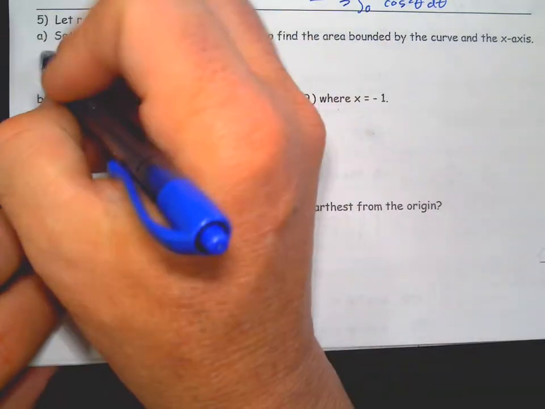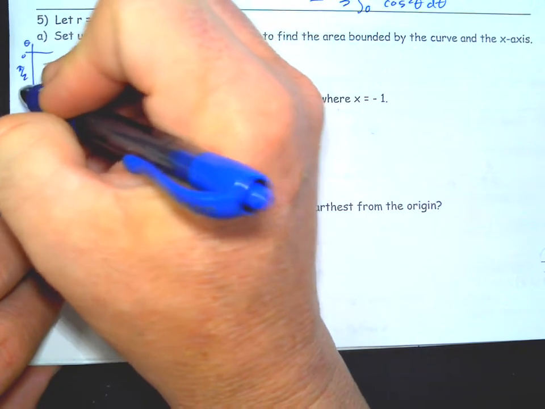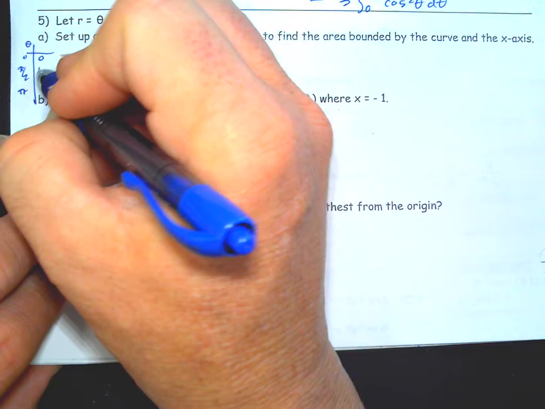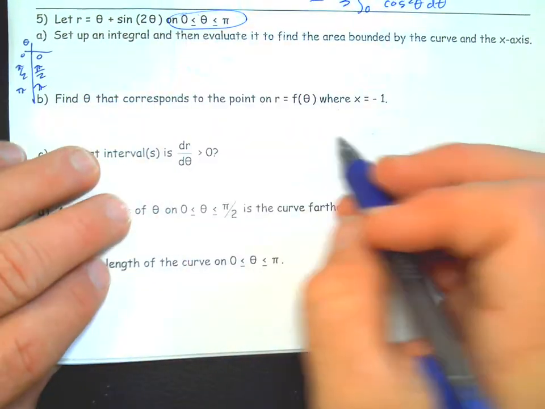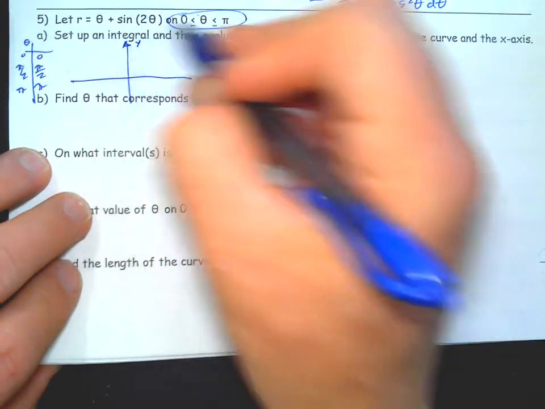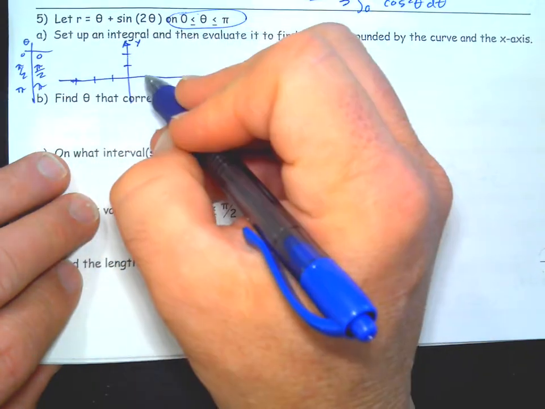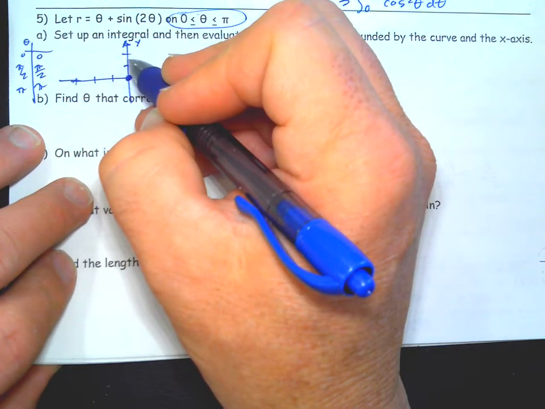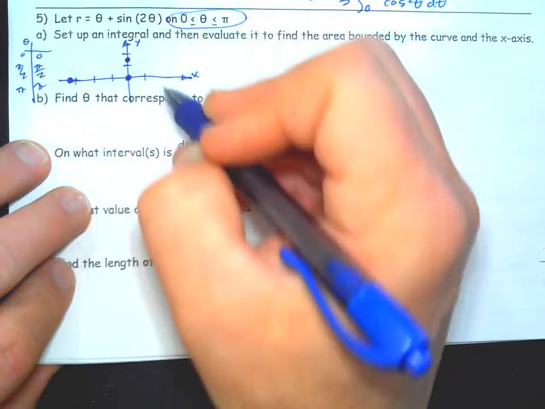It's a weird shape, but if you plug in 0, you get 0; pi over 2, you're going to get about 1.6; and pi, you're going to get 3.14. So it's doing something like that.